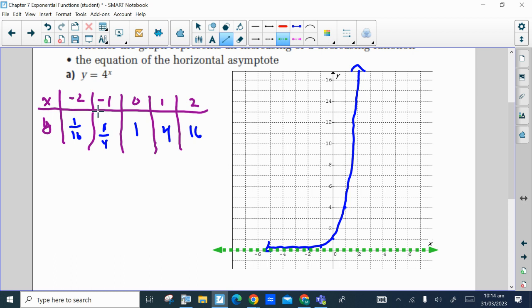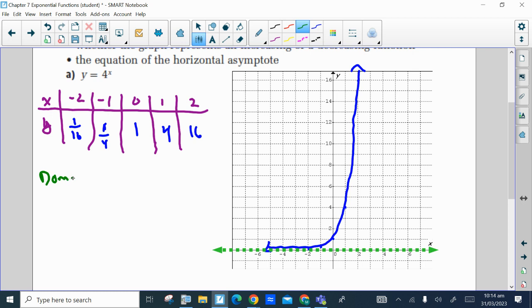And when x is negative 4, y will be positive 1 over 256. So it keeps getting smaller and smaller, but it's always positive. It's always greater than 0. And so the line y equals 0, which is the x-axis, is a horizontal asymptote. The other characteristics that we'll talk about are the domain.